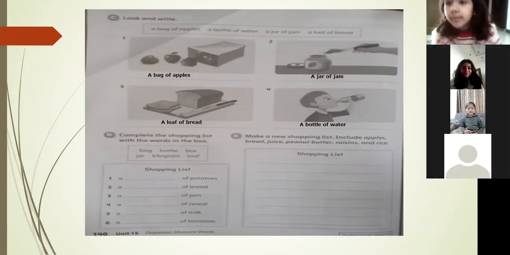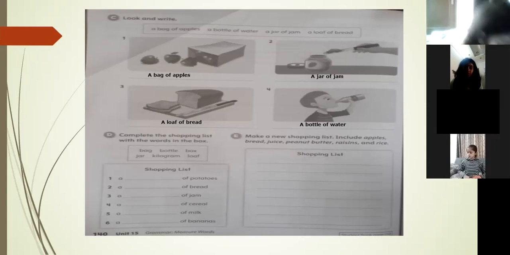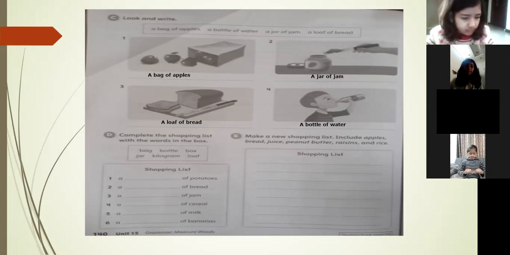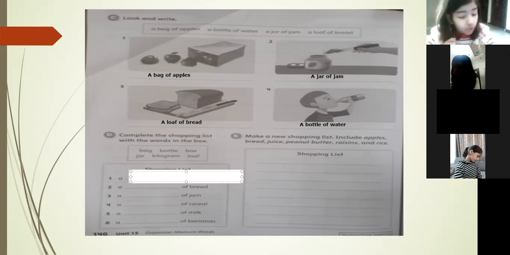Yes, who will tell me? Nurulan, what will come in number one? A kilogram of potatoes. Oh yes, a kilogram of potatoes. Write down, all of you, a kilogram of potatoes.